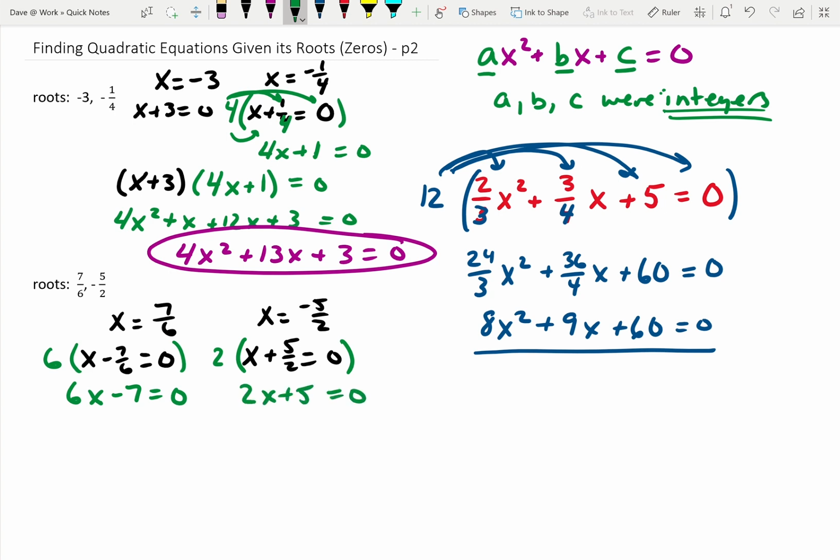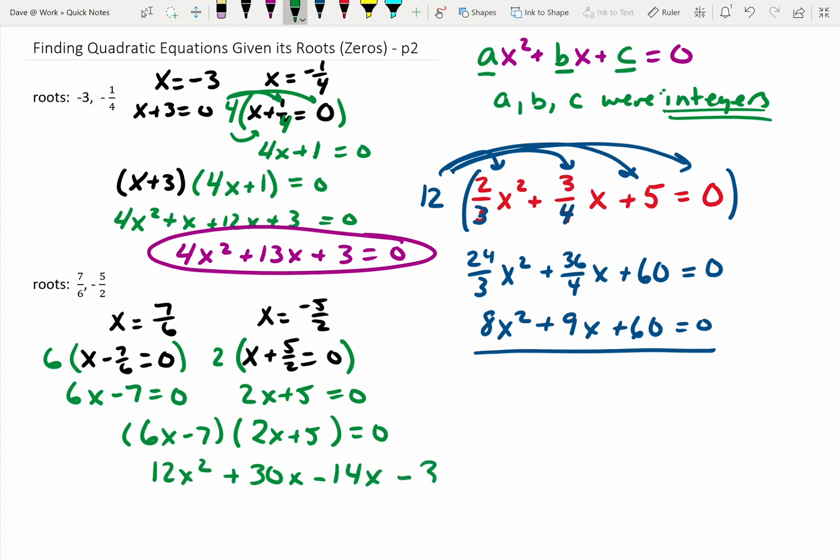So now I can take the factors 6x minus 7 and 2x plus 5. I could then FOIL those together, coming up with 12x squared plus 30x minus 14x minus 35, equal to 0, and I can come up with a final quadratic equation of 12x squared plus 16x minus 35 equal to 0.